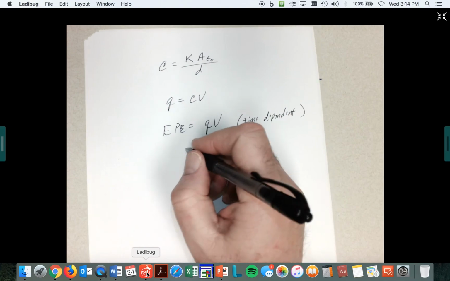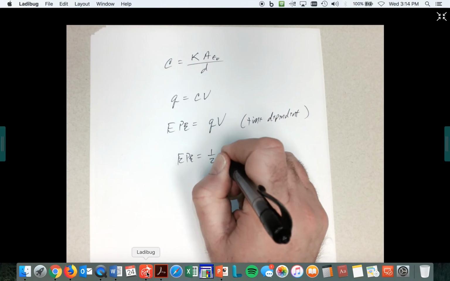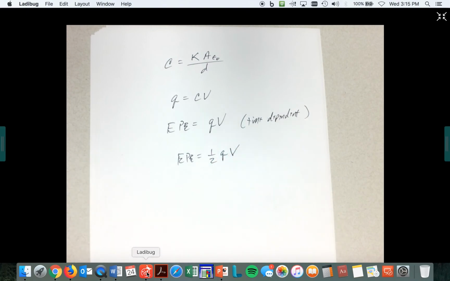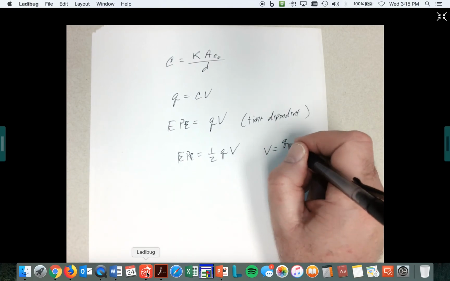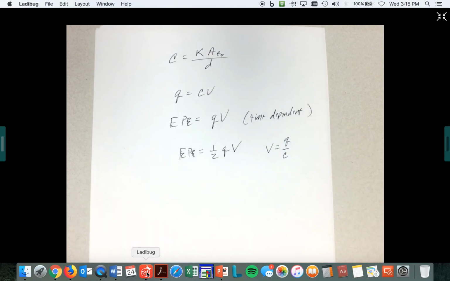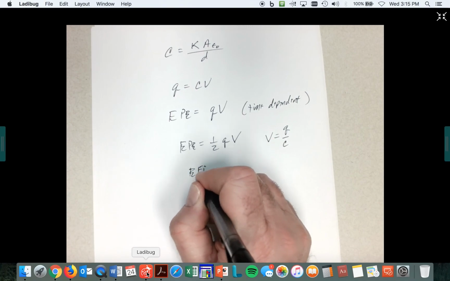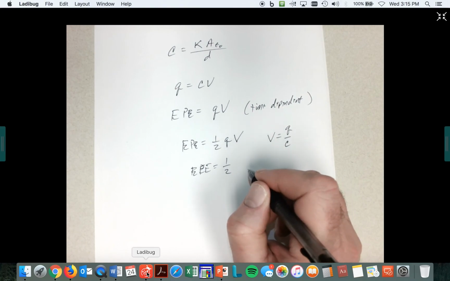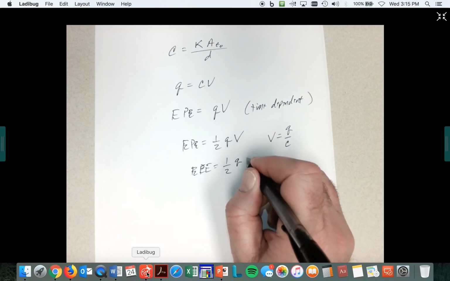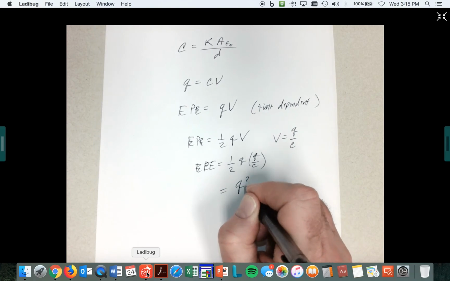Okay, so the energy in a capacitor is equal to 1/2 QV. And if V is equal to Q over C, then we've got the EPE is equal to 1/2 Q times Q over C, which equals Q squared over 2C.